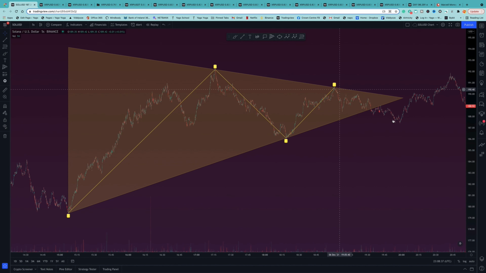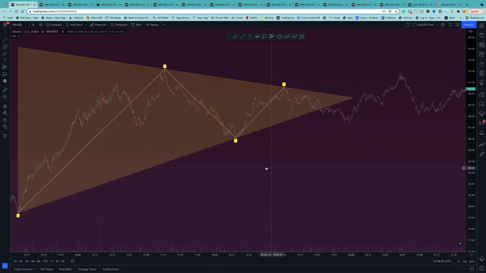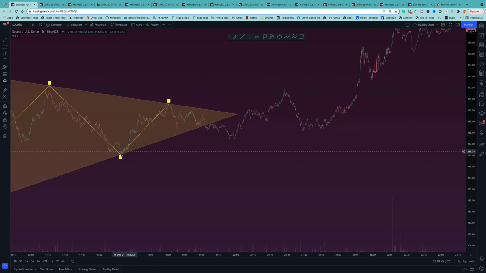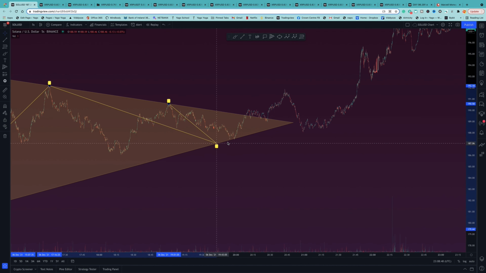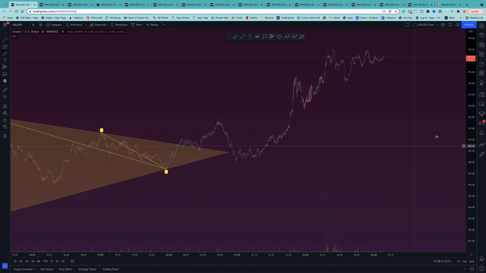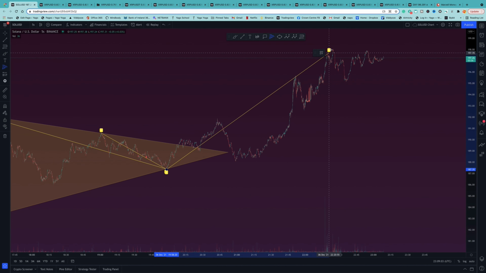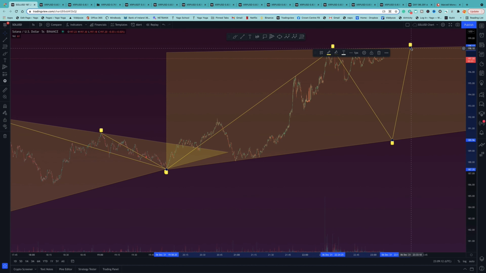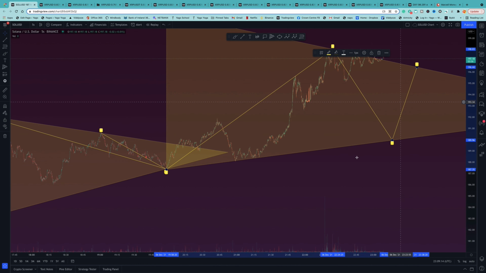A, B, C. Same pattern on the 5 second. Bring this one all the way over here to catch it in. And look, we have that same breakout here. But that's okay, because look, it's heading up here. We're right at price action on the 5 second chart. So a bottom, top, bottom, and a top. So we don't know where this is going.